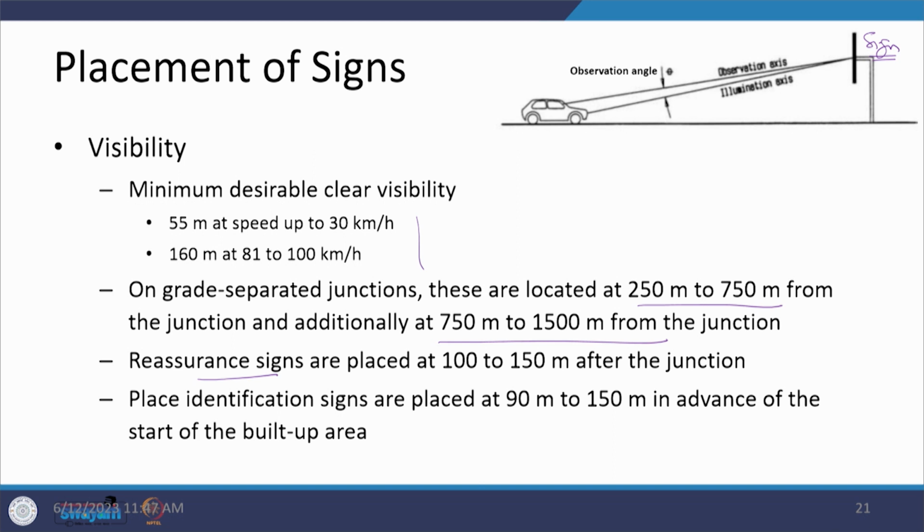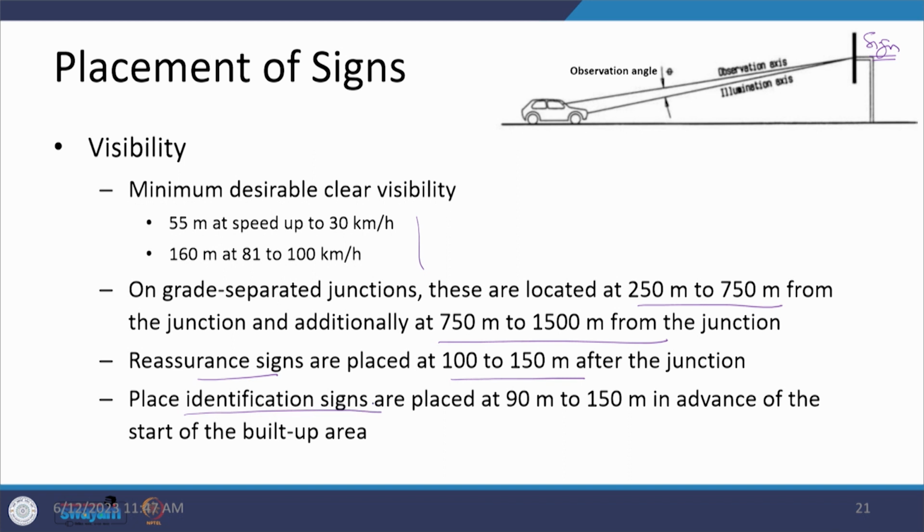Now, which particular exit you have taken, have you taken the right exit or not, has to be defined by way of placement of this reassurance sign, and these reassurance signs are placed within 100 to 150 meters from the junction, so that if any fault is there, any wrong decision by the driver, then the driver has sufficient time so as to rectify it, come back and take the right exit and take the right path. This is quite important. You cannot provide it at something like 1 kilometer or 2 kilometers.